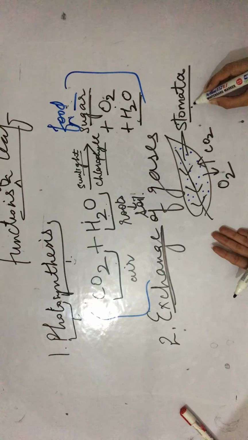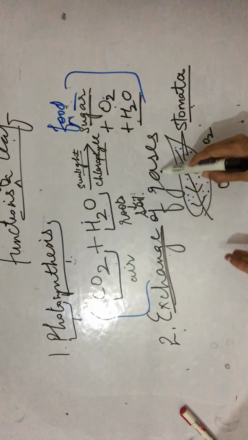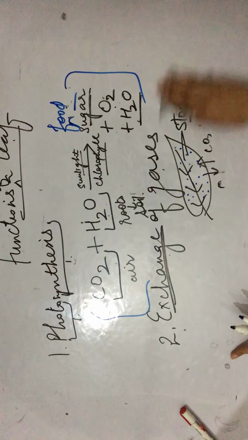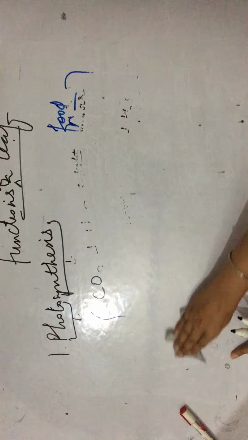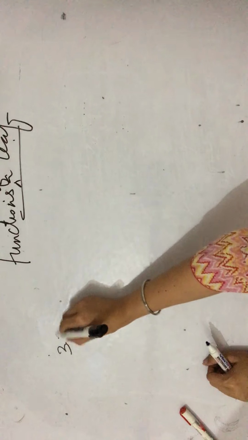And where are these stomata present? They are present in the leaf. So exchange of gases is the function of the leaf. Number 3, another function of the leaf. First one is photosynthesis, second one is exchange of gases, and the third function of the leaf is transpiration.